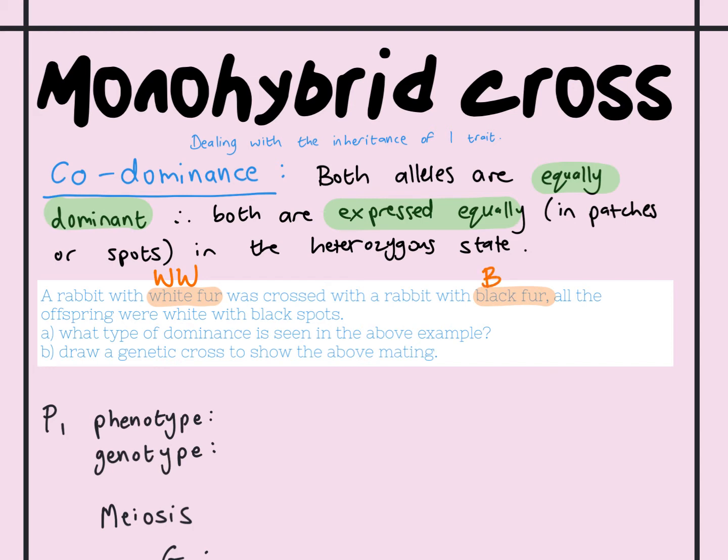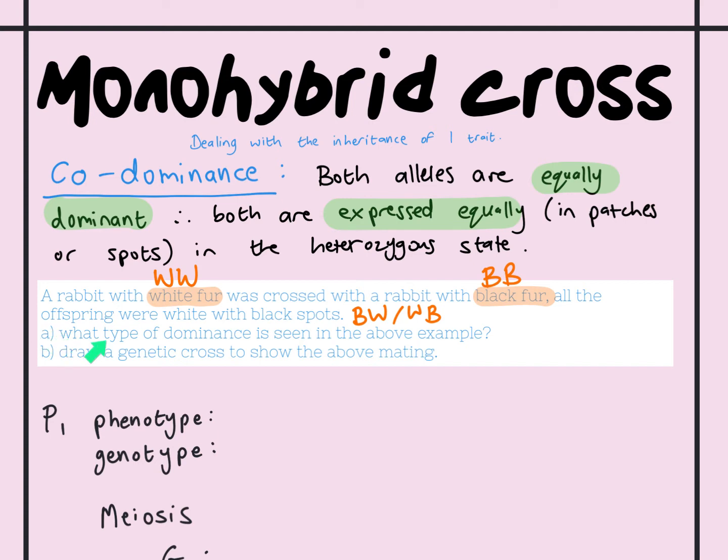Black fur will be a black allele, so that individual will have 2 B alleles. And the offspring being black and white spots or patches, they will get a W from the one parent and a B from the other, and they will end up having either BW or WB. However you choose to write it, it doesn't matter which way around these letters go, as we haven't given you any guidance in the question.